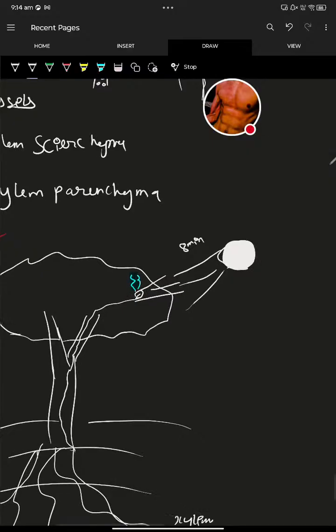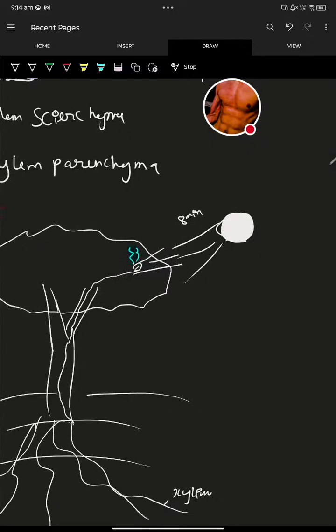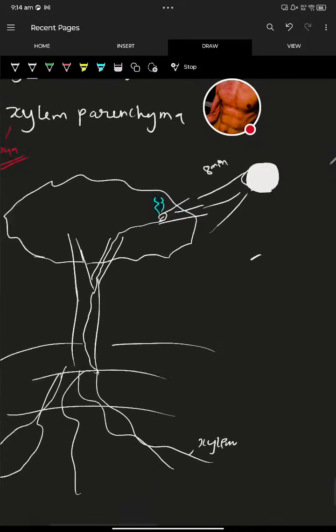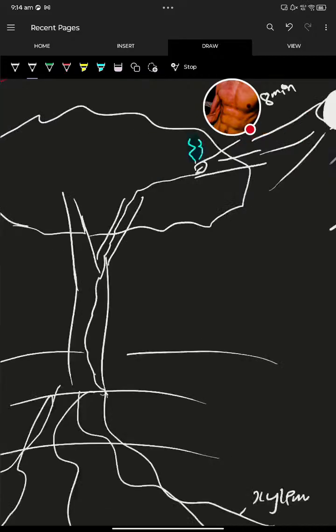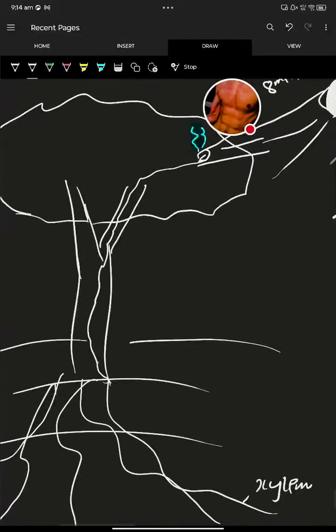When the leaf did water loss, the water is gone from here, so a kind of suction force would be applied. With the help of this suction force, the water would go up with the xylem. That's the whole process. And there are words like cohesion and adhesion.